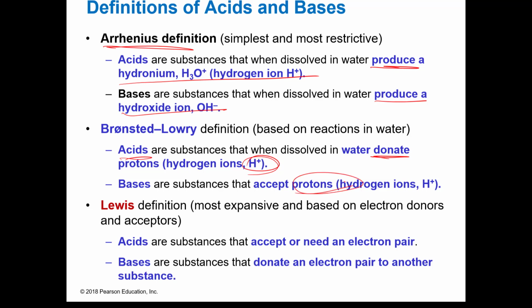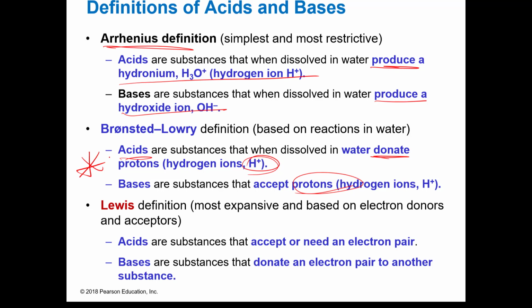So if you're looking to see if it's an acid, you see if it has a hydrogen that it could donate or give away. And if it's a base, can it accept a hydrogen? We're going to look at some examples of that in a minute, because this is the primary one we're going to use.